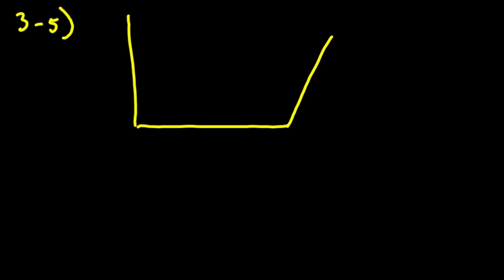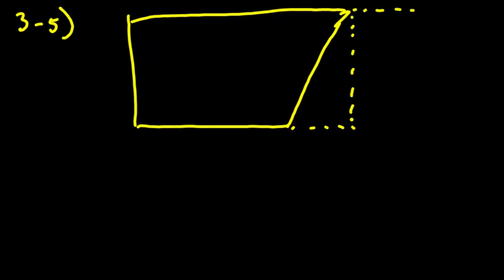So for problem 3.5, we're given a subdivision lot that looks like the following. And we're told that the angle from here to here is 120 degrees.